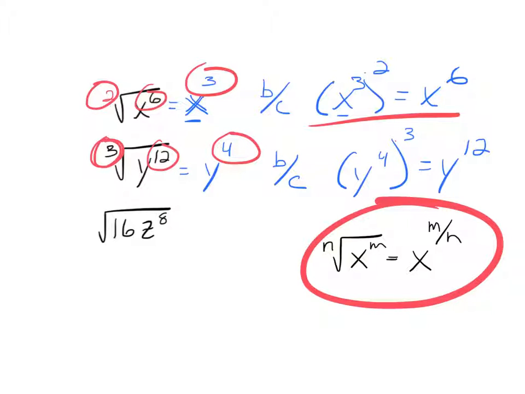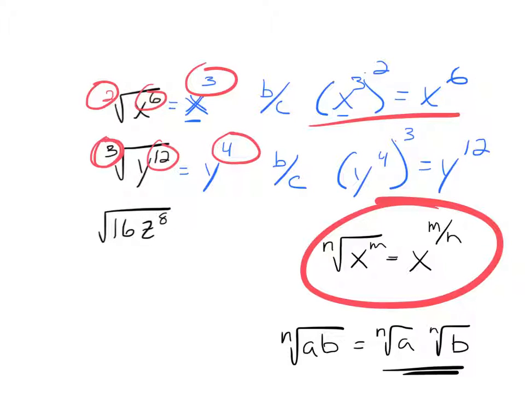Alright, now I'm going to put these two thoughts together from these last types of examples with numbers and variables, and we're going to use one more very important property, the product rule for radicals, and it looks something like this. If you have two things being multiplied inside of a radical, you can simply evaluate each of those factors separately.